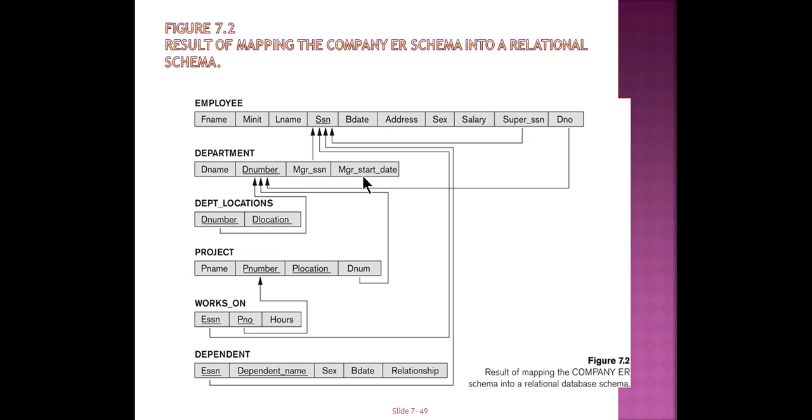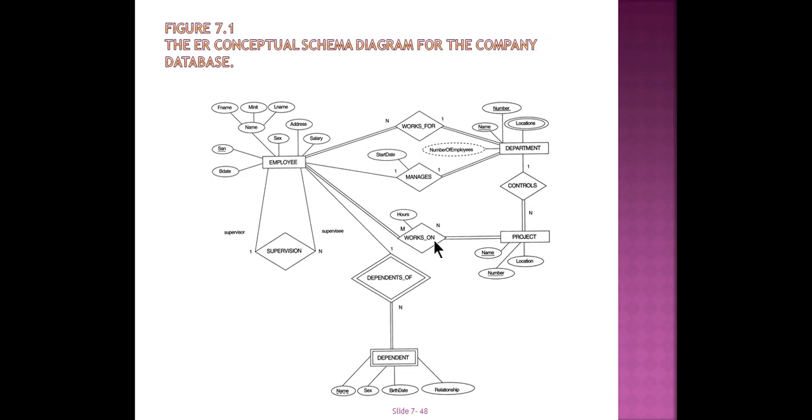Now similarly you can also map the one to many. This is the fourth step, one to many relationship. You can see here one to many or many to one, both are the same, opposite to each other. So in one to many, this is one to many, employee to dependent.